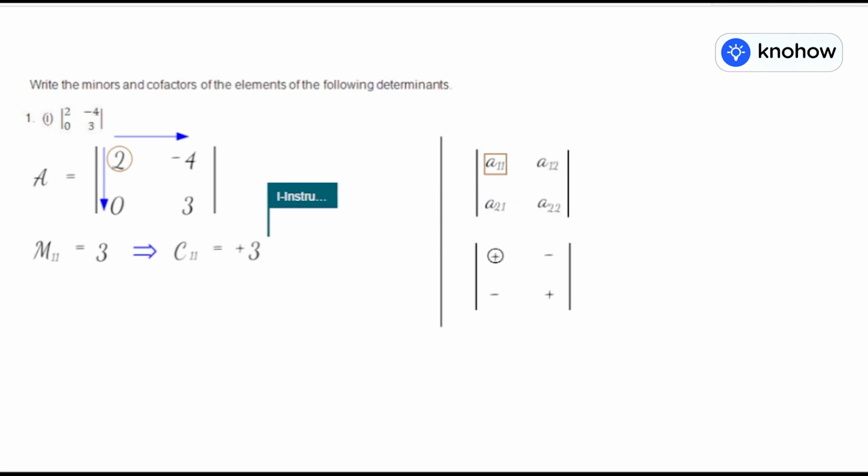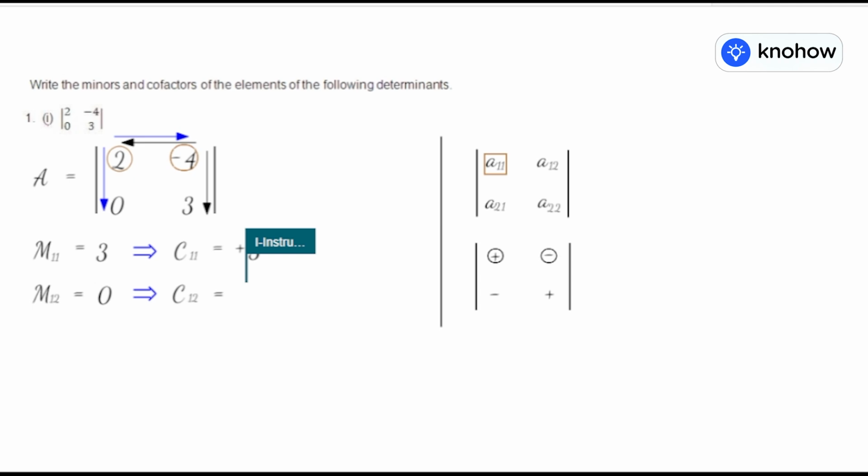Then what about M12? M12 is this negative 4 element. So the minor M12 will be that through this minus 4 you delete the row and column, you get 0. And what will be the corresponding cofactor, C12? Of course at this place it is negative, but the minor being 0, it doesn't matter, it will remain 0.